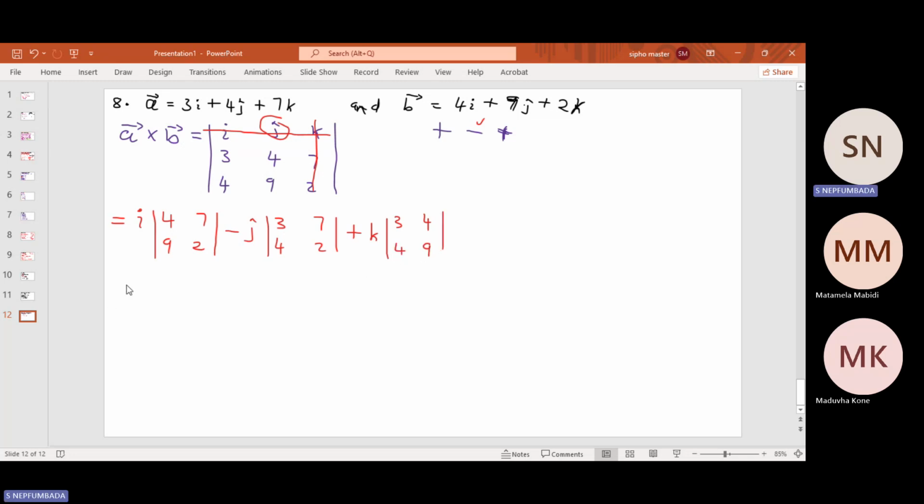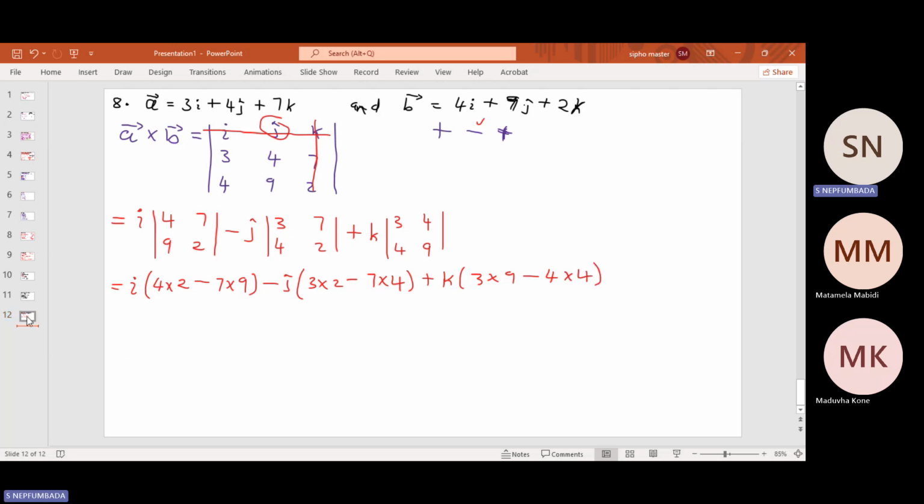Please carry your calculator. This is the determinant of 2 by 2. It is 4 times 2 minus 7 times 9. Then minus j into 3 times 2 minus 7 times 4. Then plus k into 3 times 9 minus 4 times 4.